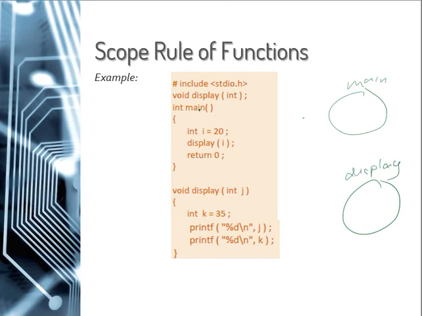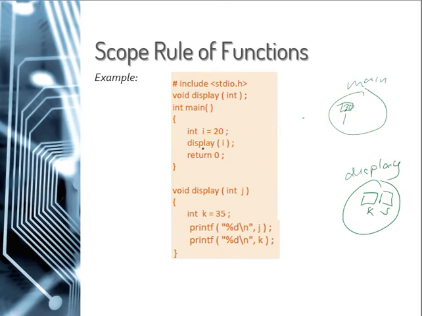Your main contains the variable i, and your display contains variables k and j. Put k. It receives a variable i, so your i here is 20.